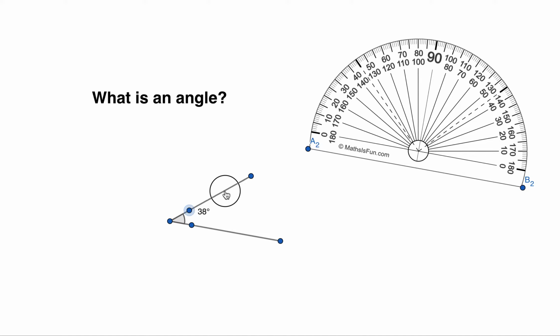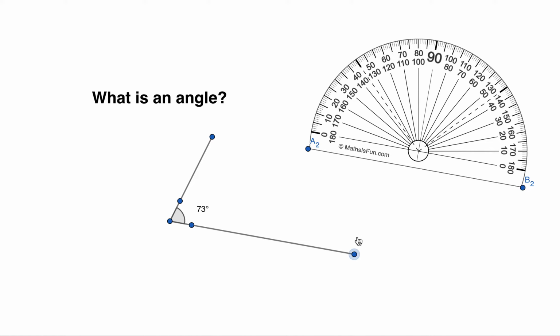So these are some key numbers you have to remember. First of all, the angle gets bigger as we open up from 0. 90 degrees is called a right angle. 180 degrees forms a straight line, and 360 degrees is a whole circle. You'll notice 180 is just half of 360. Okay, so that's what an angle is.